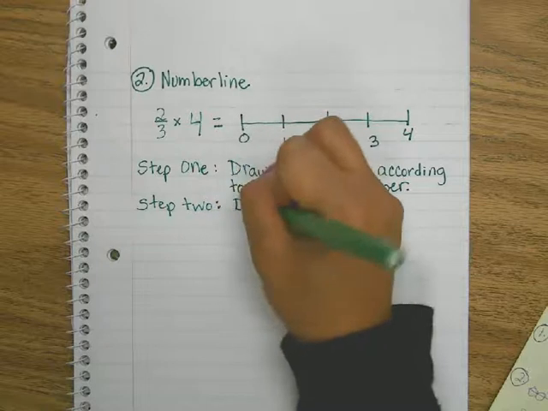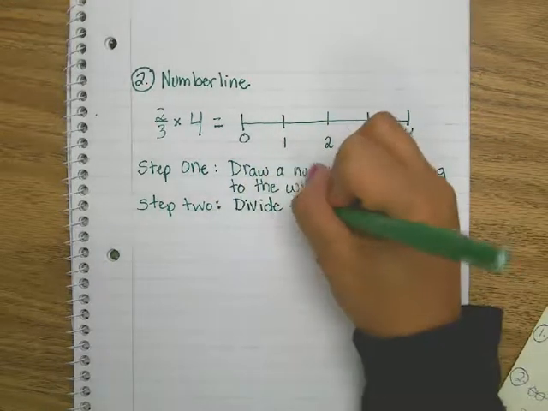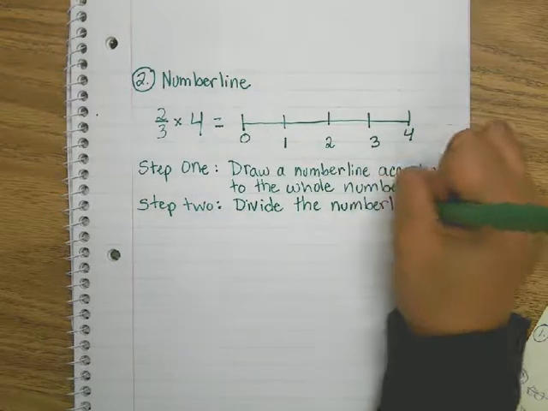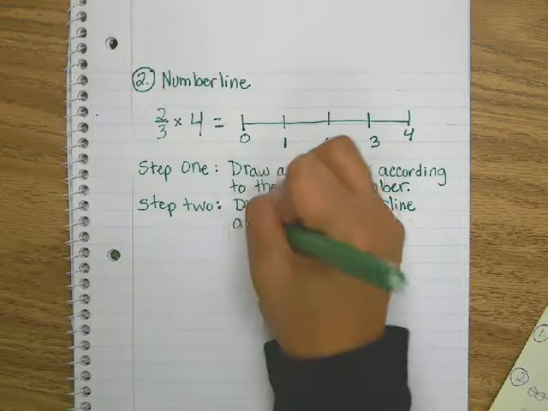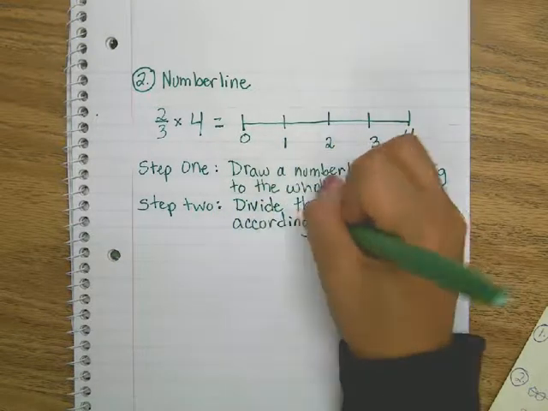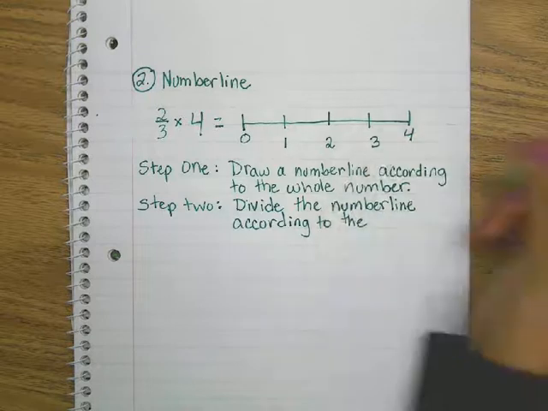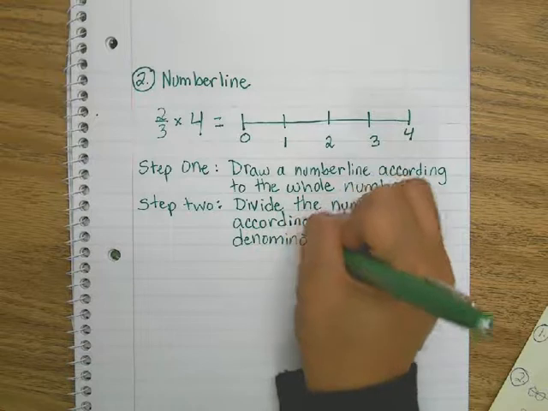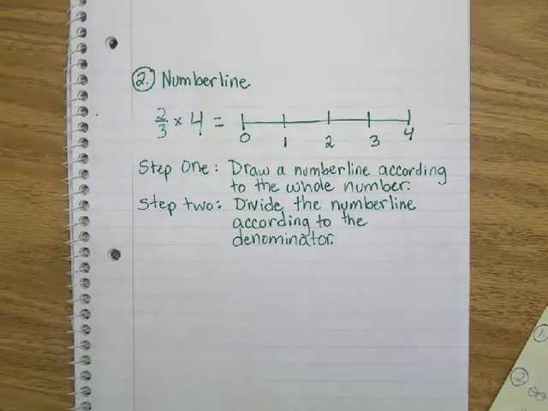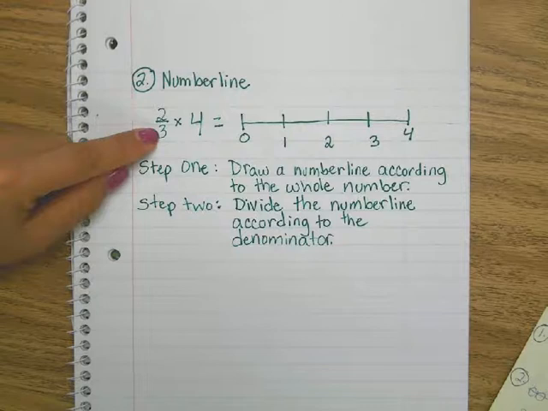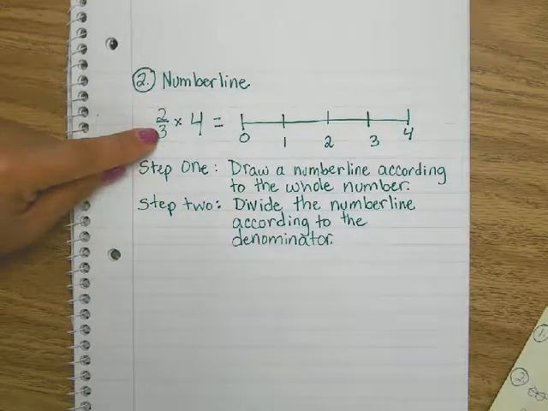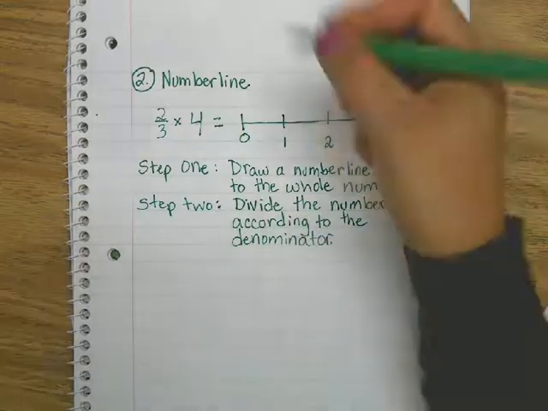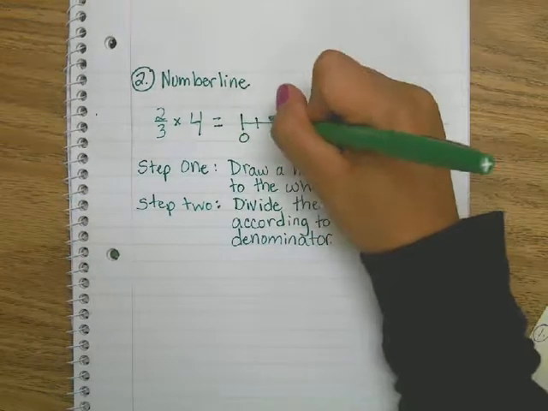So divide the number line according to the denominator. My denominator is a 3, so I'm going to split each section into thirds, 3 equal parts. So I have 1, 2, 3.